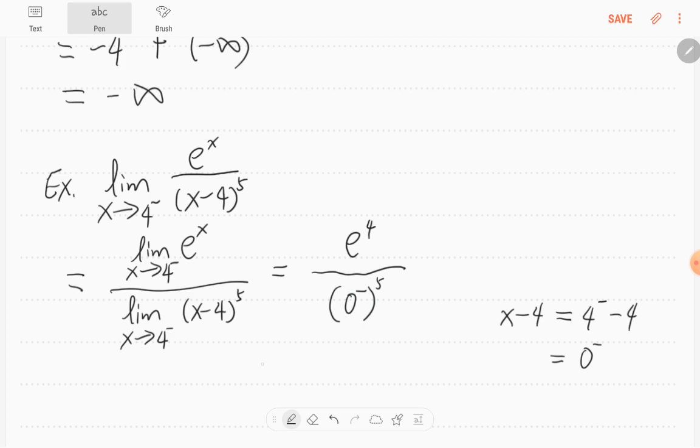If you have a number close to 0, but less than 0, and take the fifth power, 5 is an odd number, so it's still a number less than 0, but close to 0. So you have e to the 4th over 0 minus. e to the 4th is a fixed number, so this is negative infinity also.